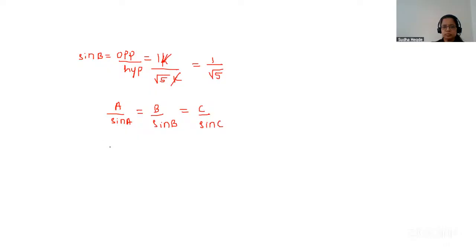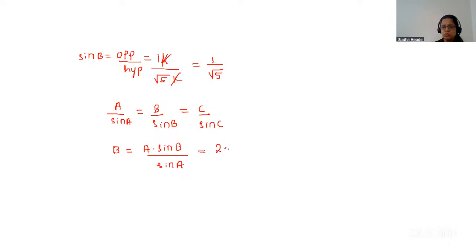So, B is equal to A sine B divided by sine A. So, what is A?